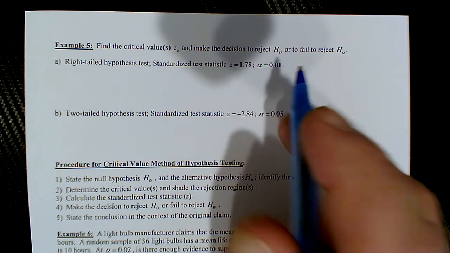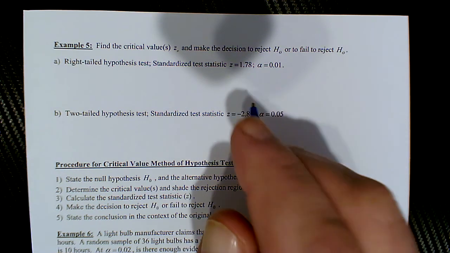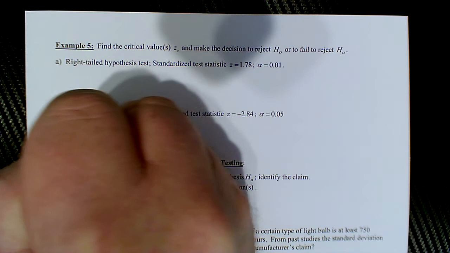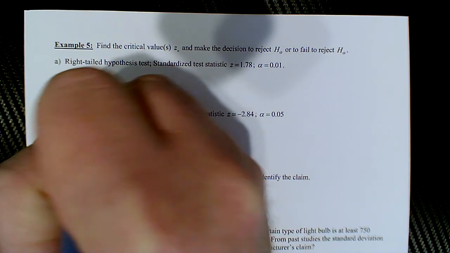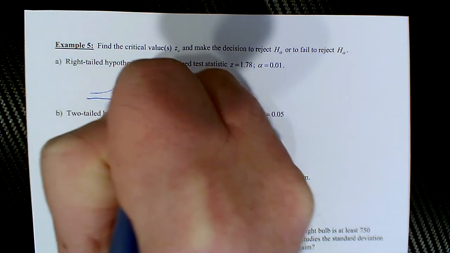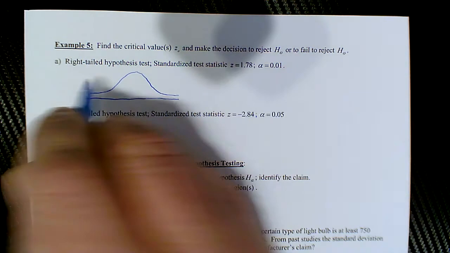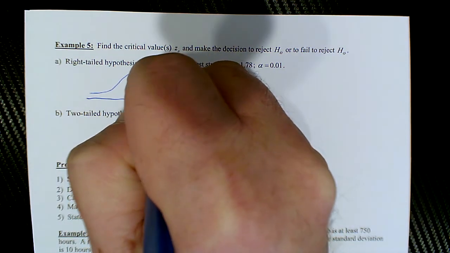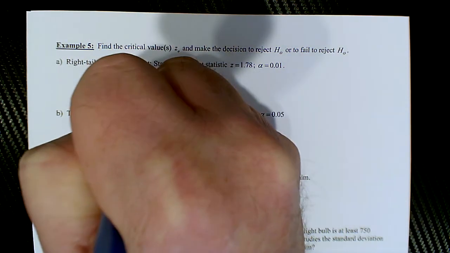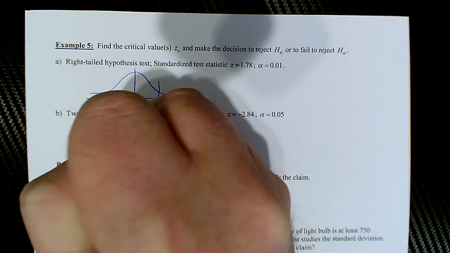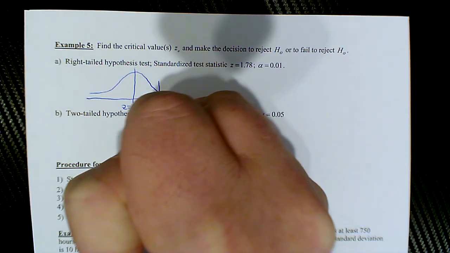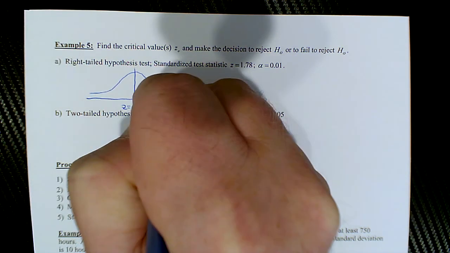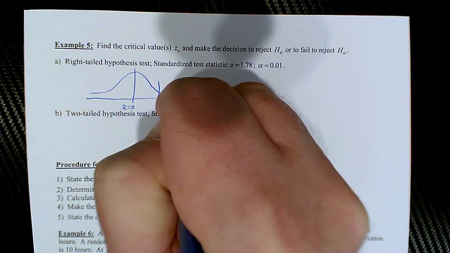You always want to make a sketch of the normal distribution. And it's a right-tailed test, so therefore we'll have, okay, you could always put z equaling 0 down the middle, of course. We'll have this right tail represent the critical value, and we'll shade in the rejection region.